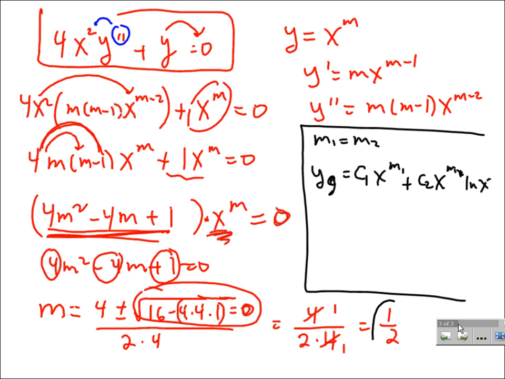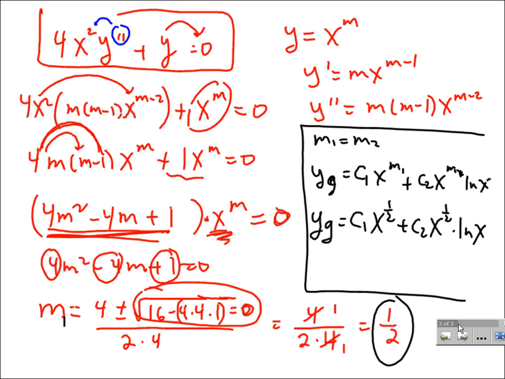So in our case, m1 is a half. So y general is going to be c1 x to a half plus c2 x to a half times ln of x. And that is the answer to the first problem.